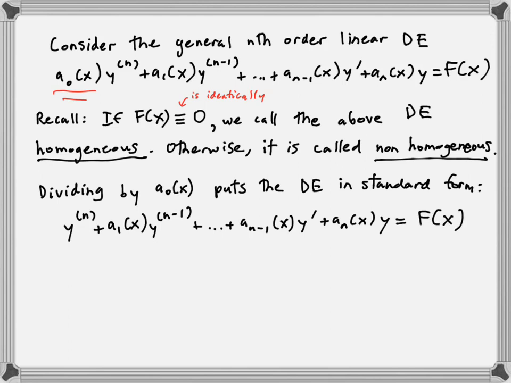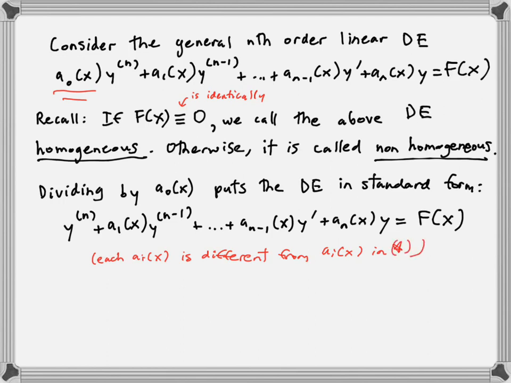You'll notice that these a_i's are not the same as the a_i's above. What we're doing is creating new functions by dividing by that first one. So this is important: each a_i of x is different from a_i of x in the original equation.